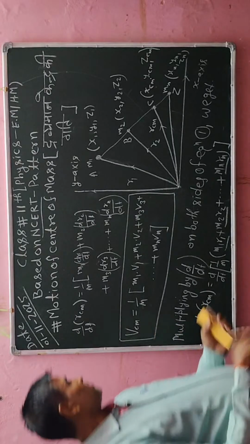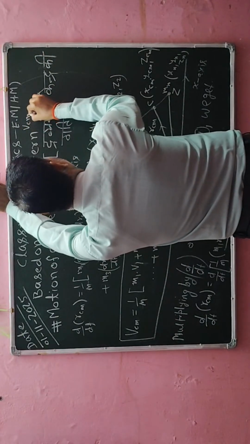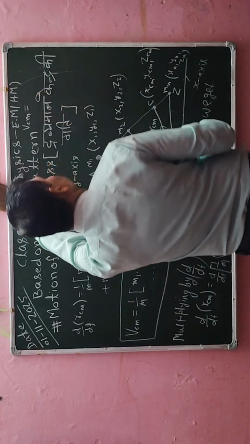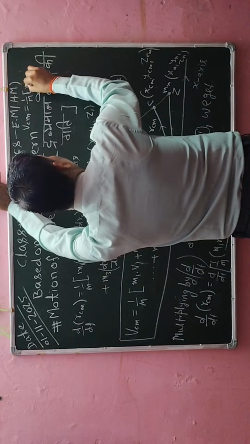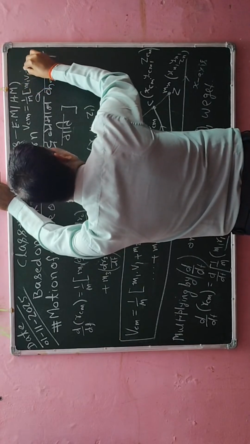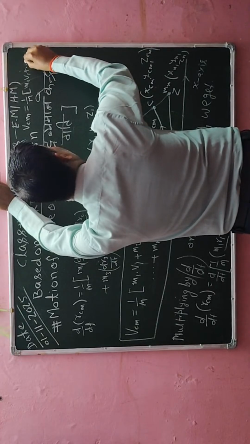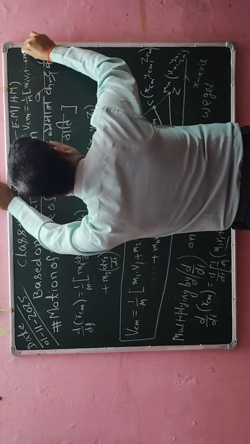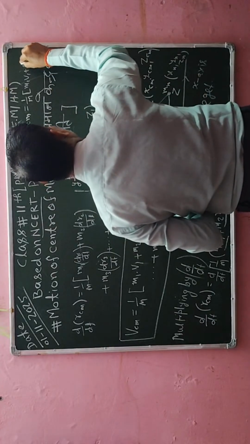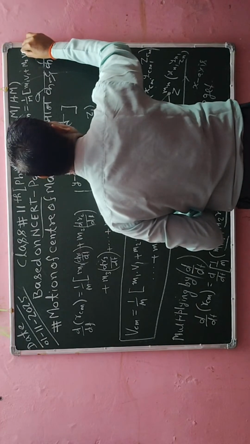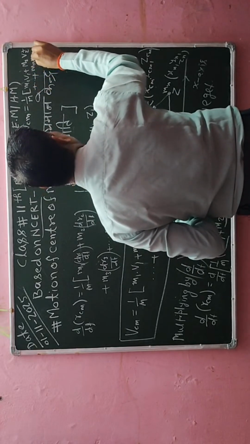This is important, and I have to save this formula here: VCM, the velocity of center of mass, is equal to 1 divided by capital M, in the bracket m1 v1 plus m2 v2 plus up to mn vn. Then I have to implement it in the numerical.